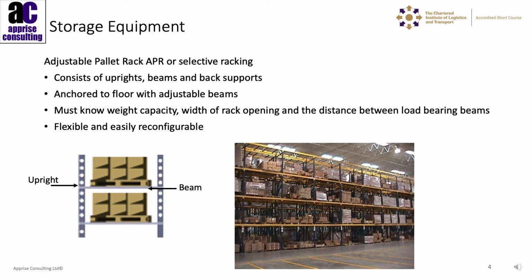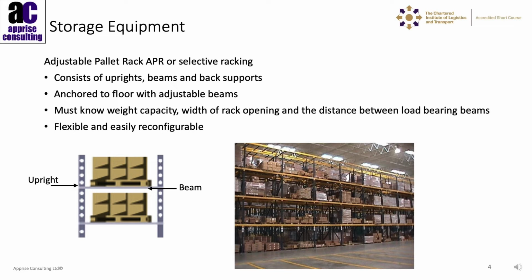The introduction of racking allows companies to store products in their own individual locations. This racking, sometimes called adjustable pallet rack or APR, sometimes referred to as well as selective racking, consists of uprights, beams and back supports, as we can see from the photograph. They're anchored to the floor with adjustable beams, so we can adjust the beam height to reflect the height of the goods that are stored within the location.